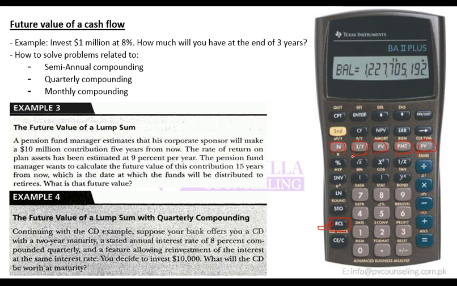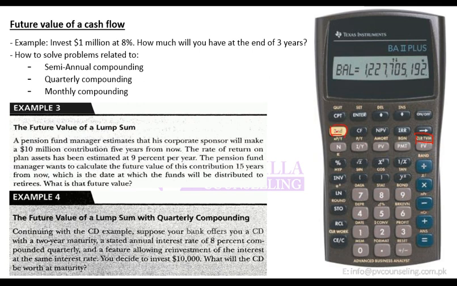Again, if you want to clear it, press second, press clear work, and it will remove all the numbers which were stored there. Actually, clear work wouldn't clear this TVM. It will clear the data register but not TVM. For clearing TVM, you need CLR TVM.